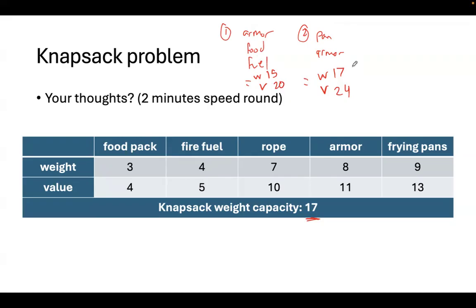So I would say that the first is probably the better solution because it maxes out our weight capacity and we've got a value of 24. Does anybody have something better than 24? Okay, so maybe we found it.